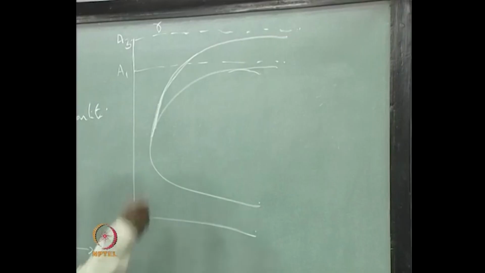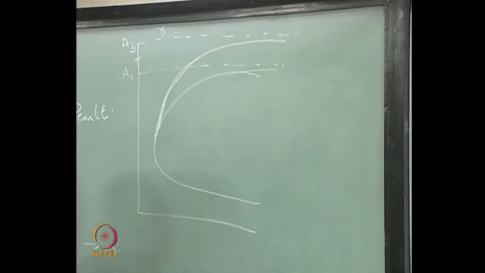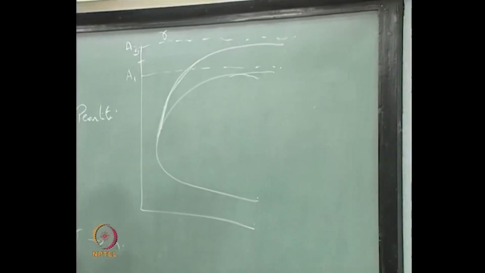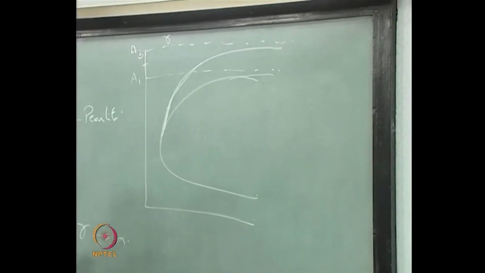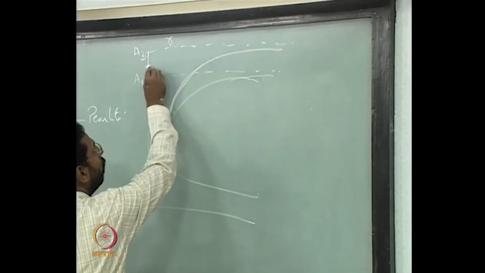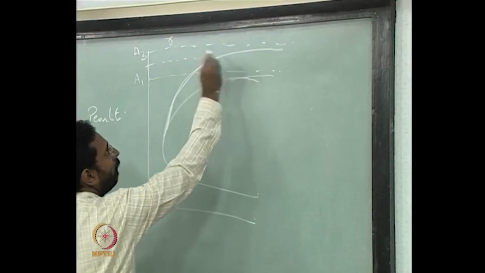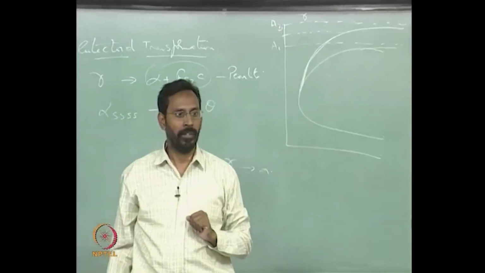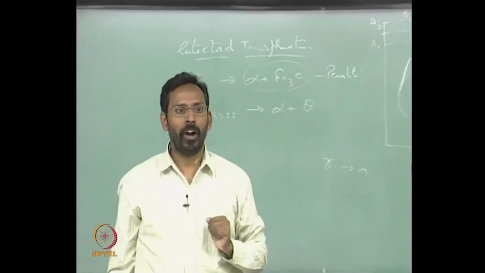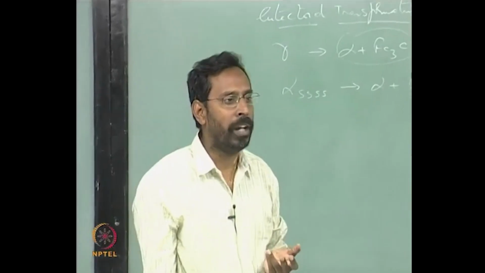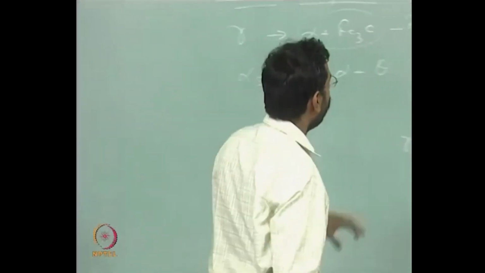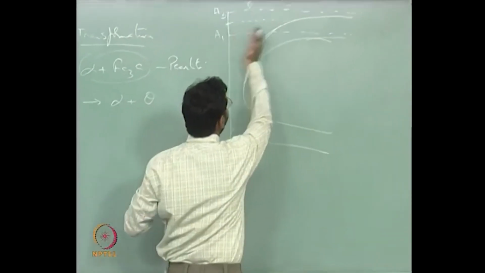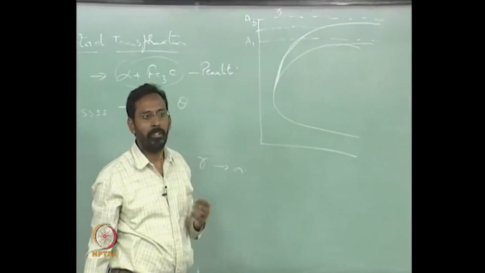For example, if I am holding the alloy at this temperature, I have to hold the alloy for a time longer than what is decided at that temperature, so that I can nucleate alpha. If I am holding for a shorter time, then alpha does not get nucleated, and that is why anything to the left of this TTT diagram is basically what?